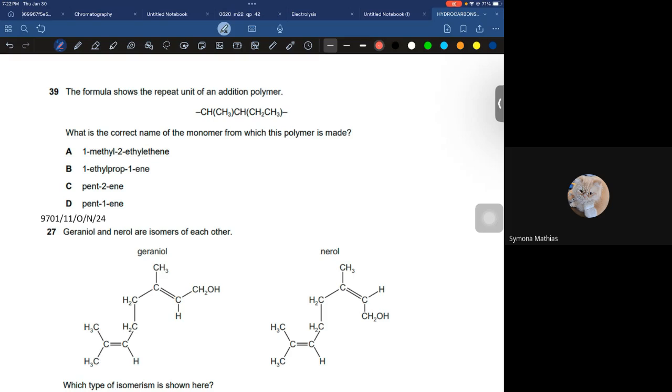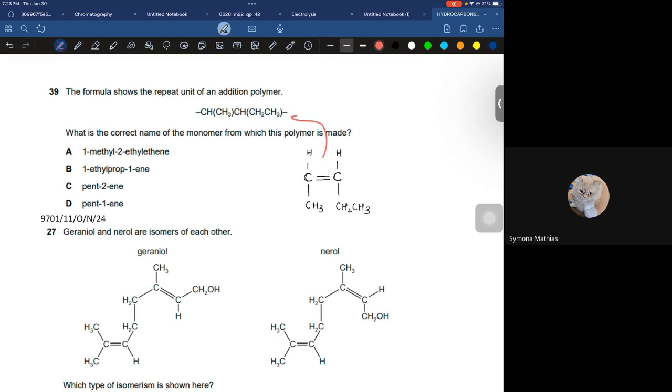So let me write down the structure of the polymer. The formula shows the repeat unit of an addition polymer. Since it is addition, C double bond C would be mandatory, obviously: CH, then CH3, then CH, and then CH2CH3.